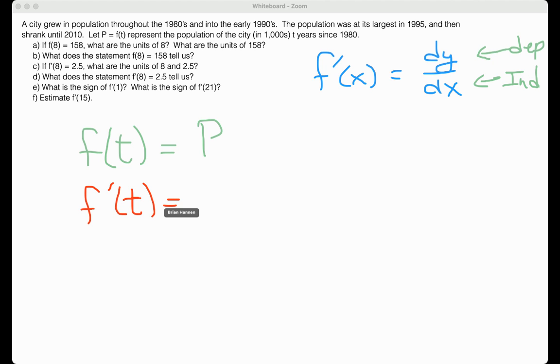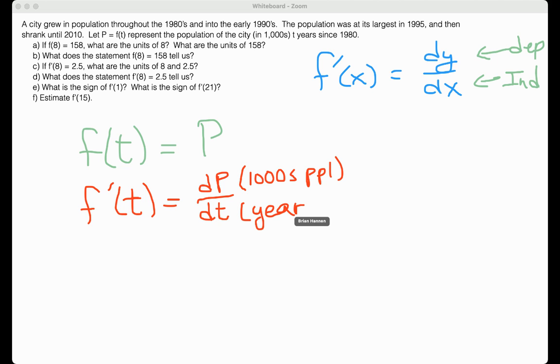What we have here is some kind of change in population over a change in time. And to be more specific, we're looking at a change in people, thousands of people, over a change in years.